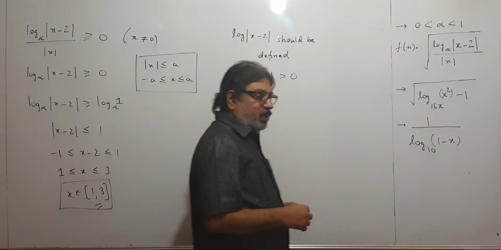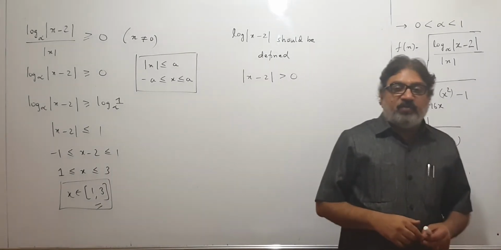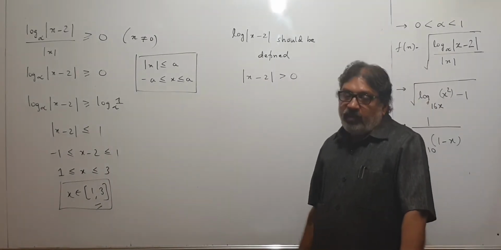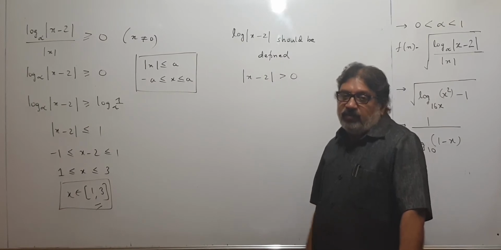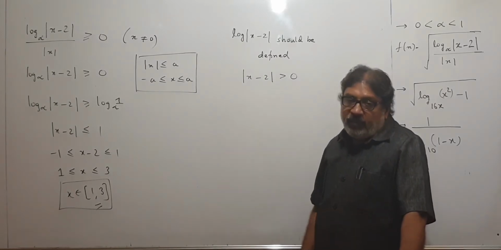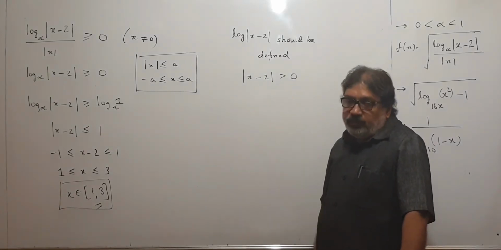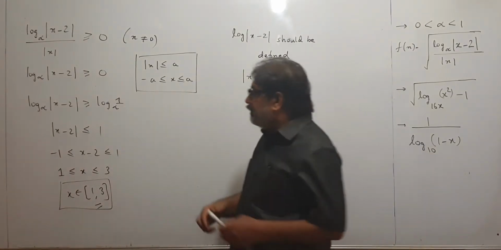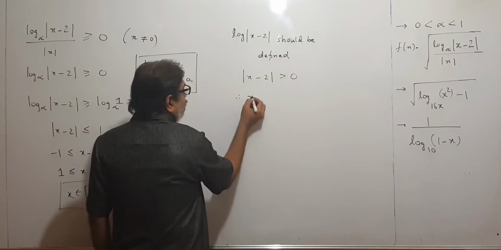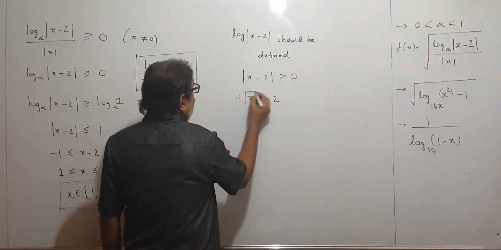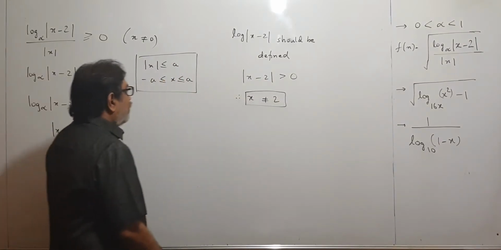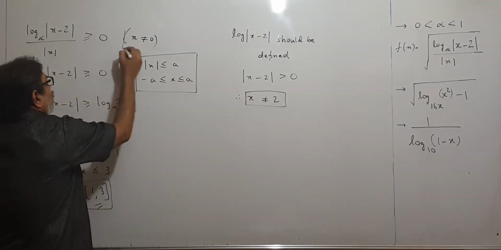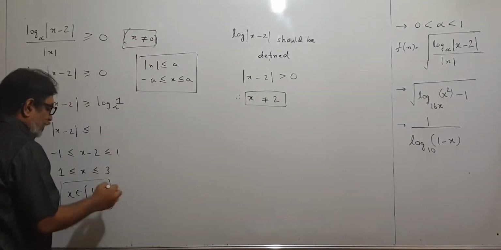Now children, we know that mod of x minus 2 can be 0 also, for x equal to 2. Modulus x is greater than or equal to 0. We want it only to be positive, that means we don't want it to be 0. It can be 0 for x equal to 2. So therefore, x should not be 2. That is also a condition. X not equal to 2, x not equal to 0, and x belonging to 1, 3.